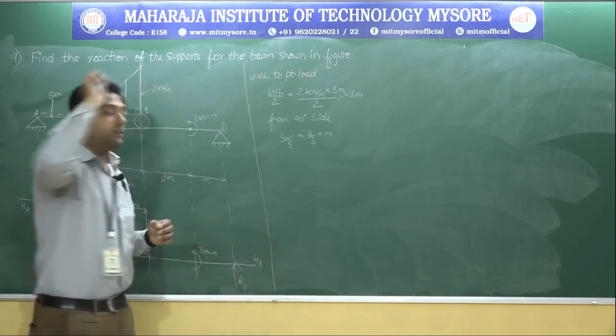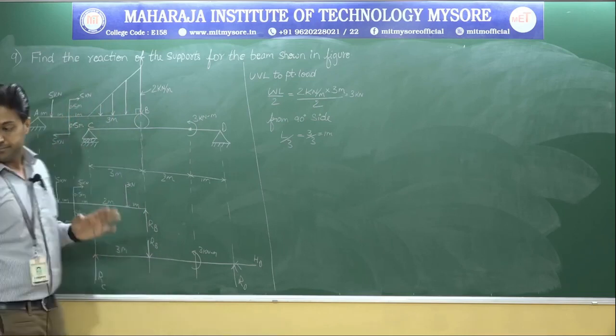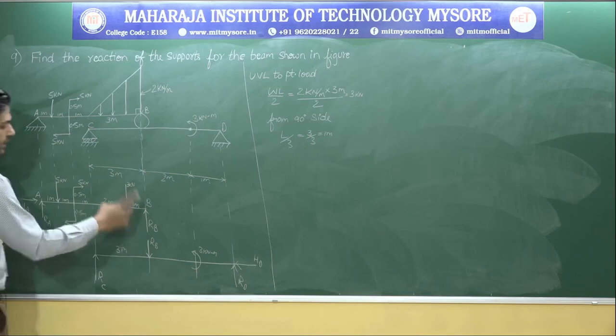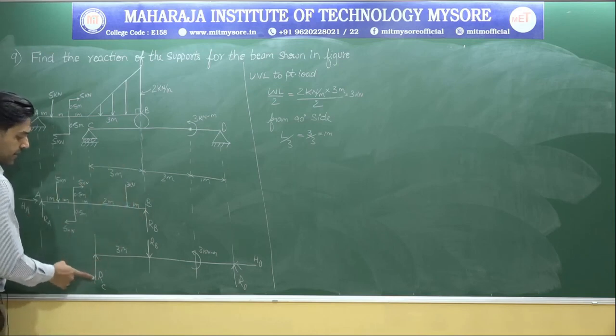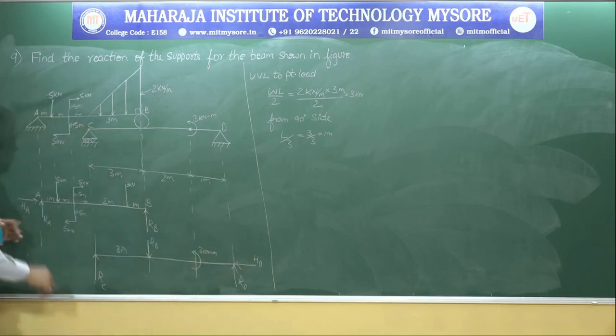I want you people to tell me which particular portion shall I consider. So now observe here. If I consider the AB portion, how many unknowns? HA, RA, RB, 3. If I consider CD portion, so RC, RB, 2, and here there are 4 totally. So what I want you people to do is, take AB portion first.